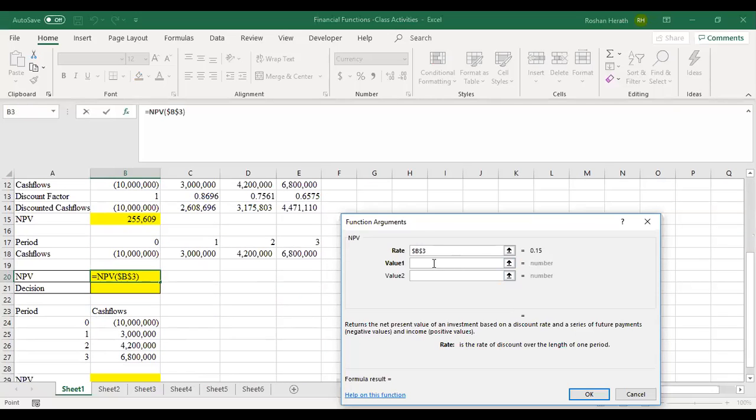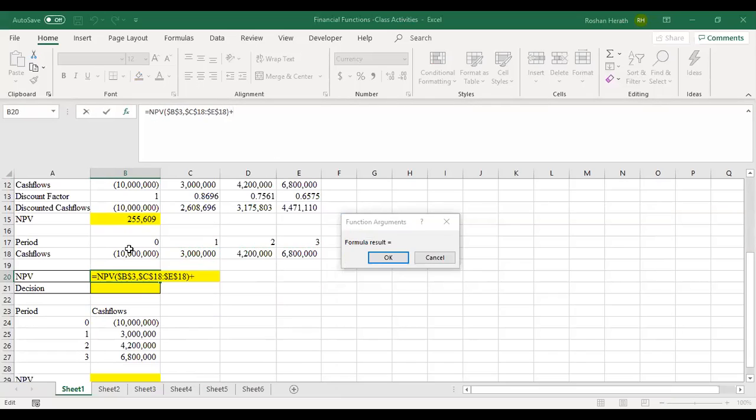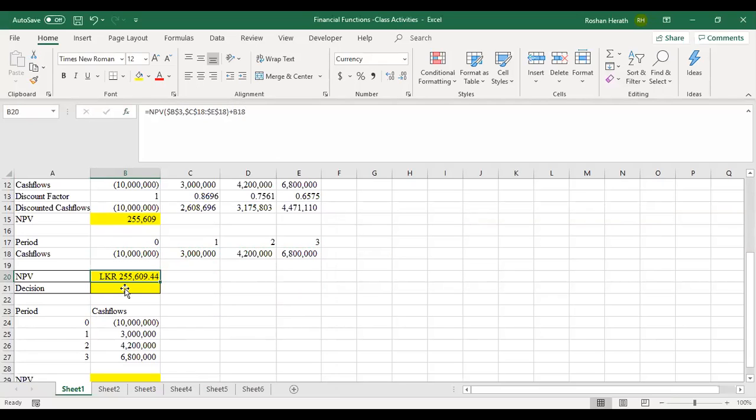For the values, make sure to ignore year zero, the beginning of year one, and take the rest of the cash flows. Thereafter, since the year zero cash flow is in minus form, you simply add it. Then you can see you are getting the same answer. That is how we used to apply the NPV.